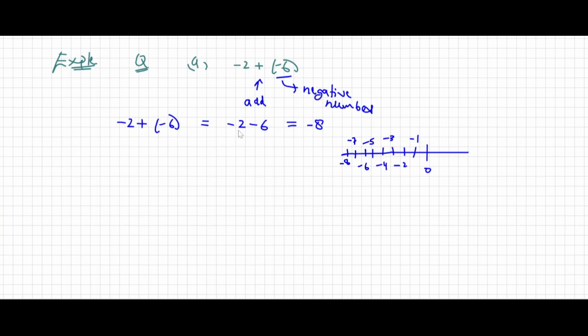So -2 and -6 becomes -8, and we are moving towards the left side.